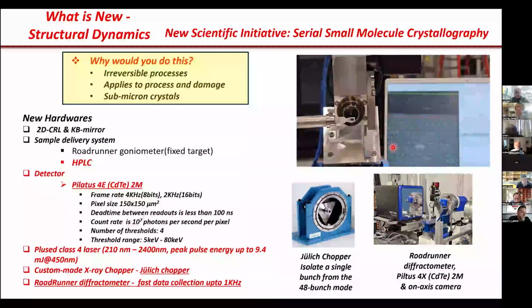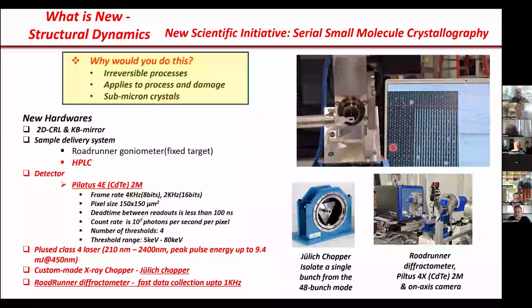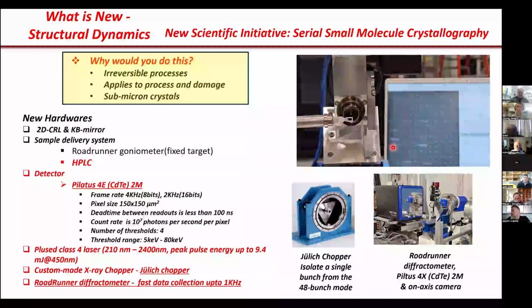So that's collecting data. Then we will start processing the data with the crystal field software, which has an updated version, so we'll see how that works, and continue with serial crystallography.